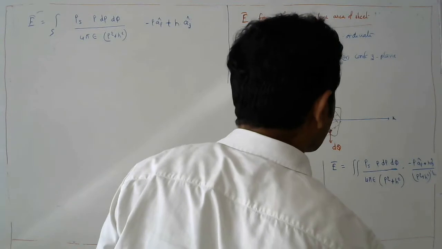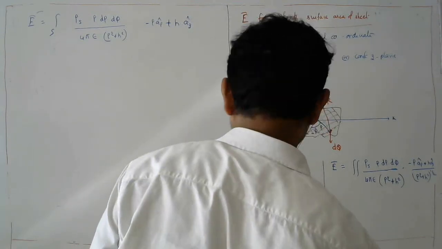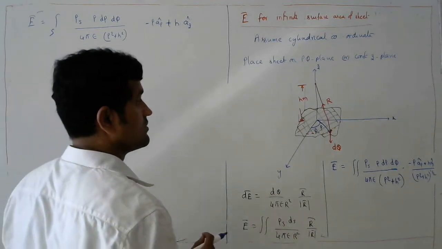So we have to ignore the a rho cap coefficients. If we ignore the a rho cap coefficients, the resultant field has only a z components. Why only along a z?